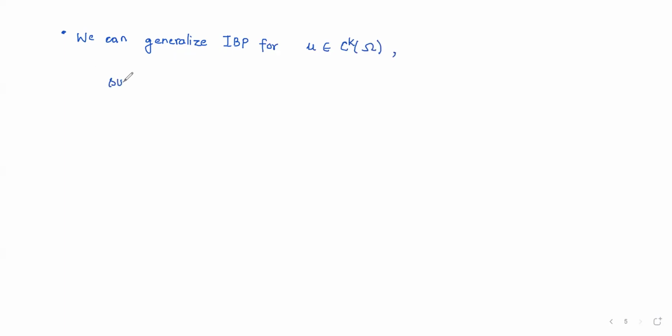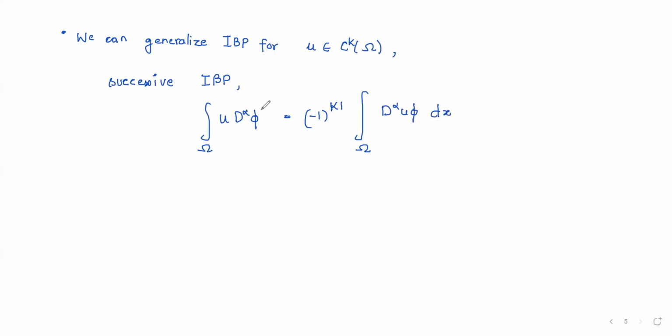By doing successive integration by parts, we obtain the integral of u D^alpha phi over omega equals minus 1 to the power mod alpha, and so on.